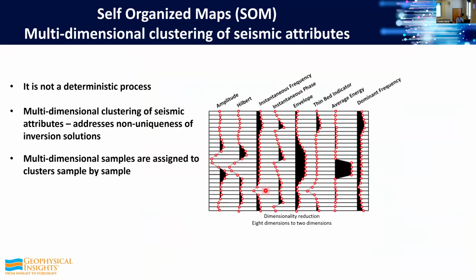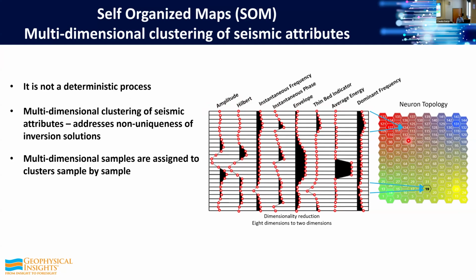Okay, this is the same image that Deborah showed a minute ago. In this case, previously we had three properties. We had P impedance, S impedance, and density, and we created a crossplot. We are going to do exactly the same, but in this case, I am going to be using 8 different properties. So this is going to be an 8-dimensional sample, just like before this was a 3-dimensional sample. So I'm going to take this sample, and I am going to assign it to a cluster.